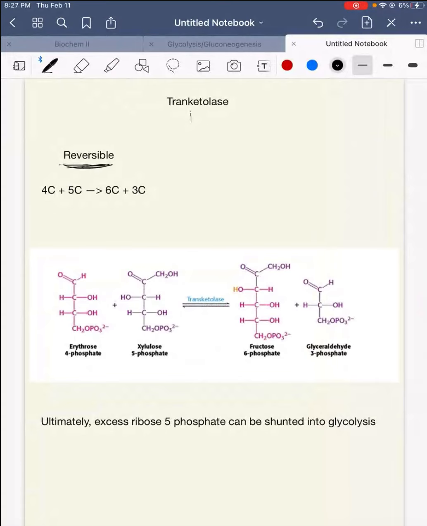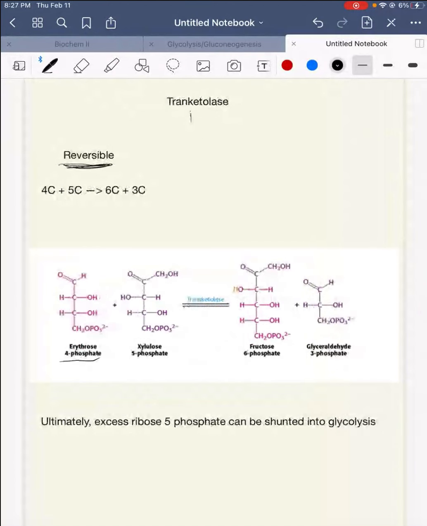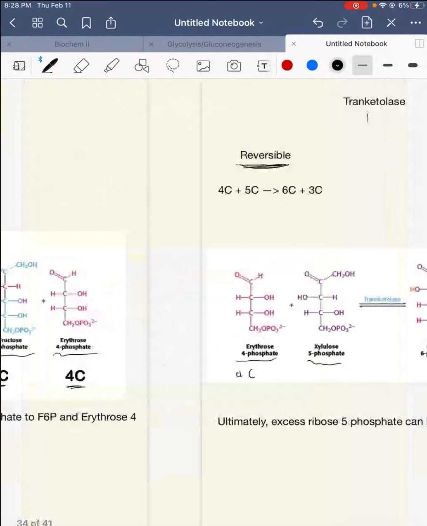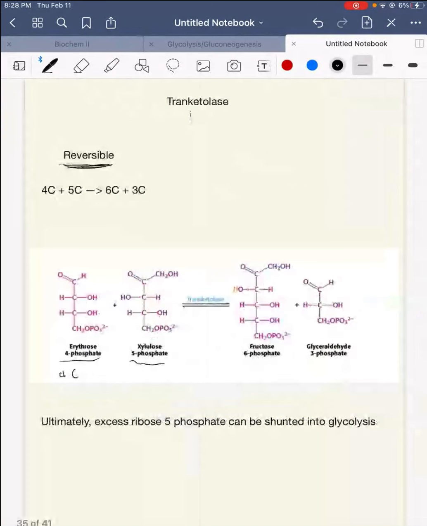So transketolase takes a 4-carbon unit and a 5-carbon unit. We take erythrose 4-phosphate, which we made in the last reaction. And then we also take a xylulose from the original reaction. Geez, I can't pronounce anything today.